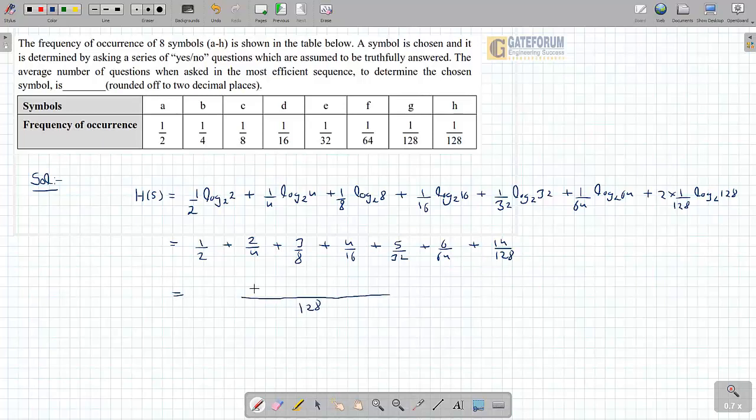Take this here, 54 plus 54, also 54, and there is 2 times, plus 32.